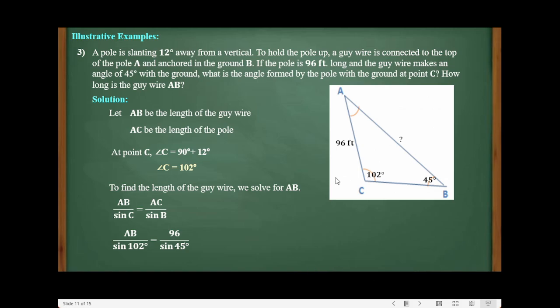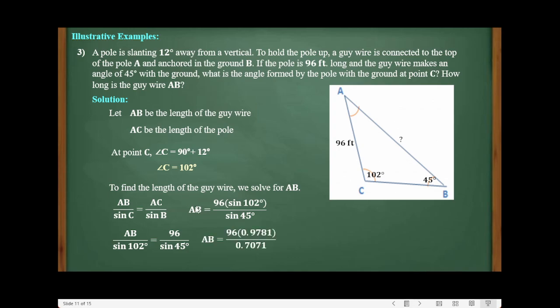Substituting the given values to this proportion, we have AB over the sine of 102 degrees equals 96 over the sine of 45 degrees. Now, using the scientific calculator, AB is equal to 96 times sine of 102 over sine of 45 degrees.